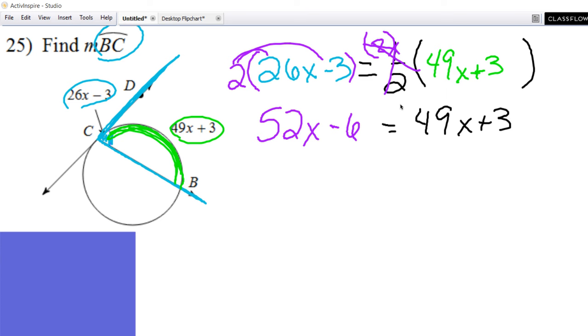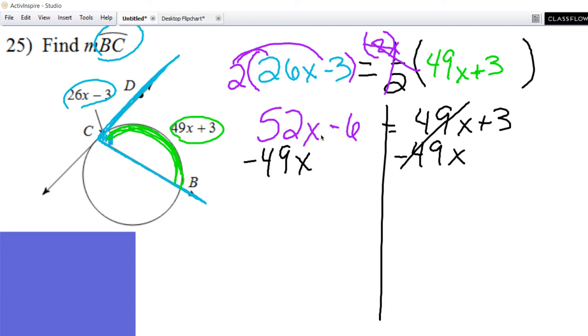And I can start working now. What I want to do is cancel all the numbers, and we're trying to leave the x by itself. So I'm going to start by moving the 49. So negative 49x on both sides. So 52 minus 49 is going to be 3x.